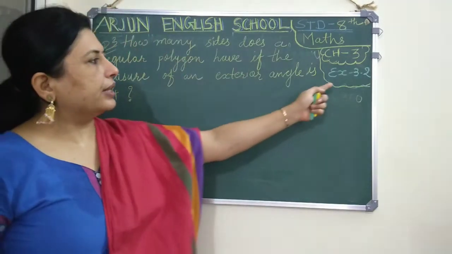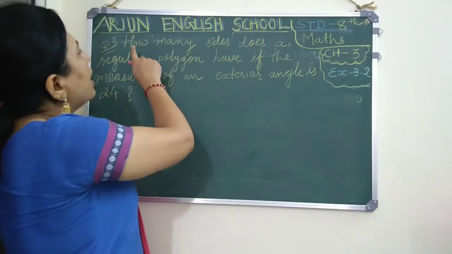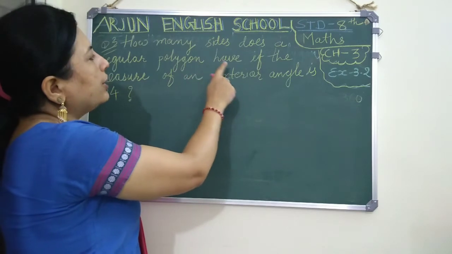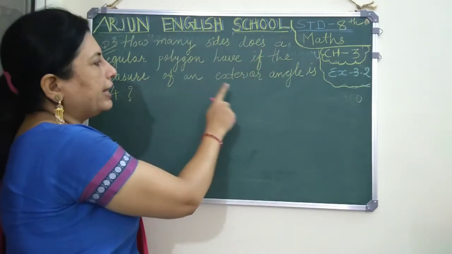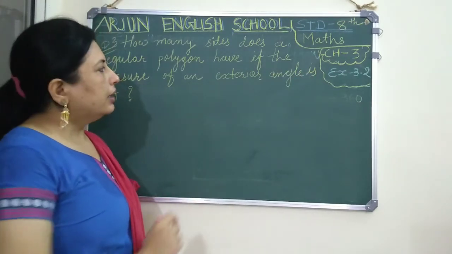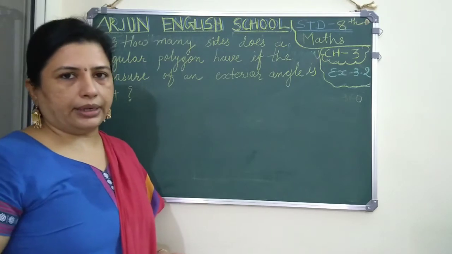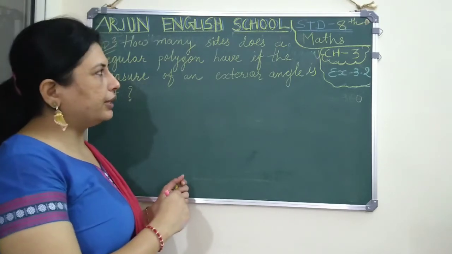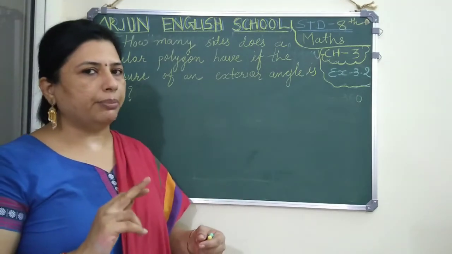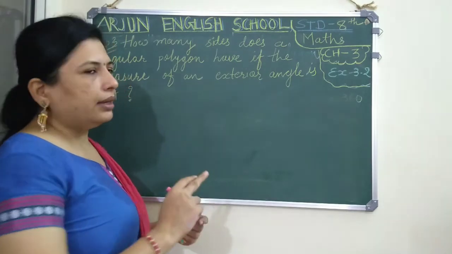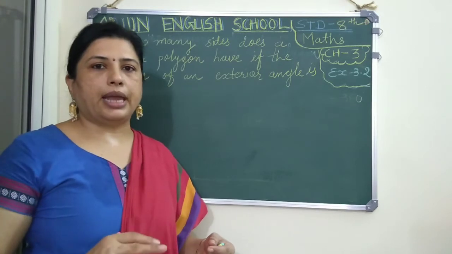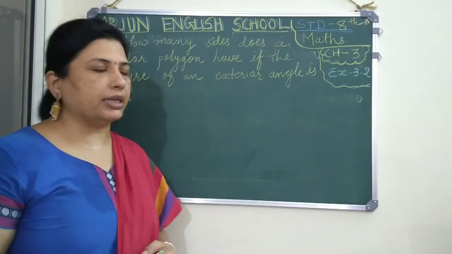Question number 3 of exercise 3.2. Here the question is, how many sides does a regular polygon have if the measure of an exterior angle is 24? Here the measure of the exterior angle is given and the polygon is a regular polygon. That means all exterior angles are of equal measure. And also we know that the sum of all exterior angles is 360.